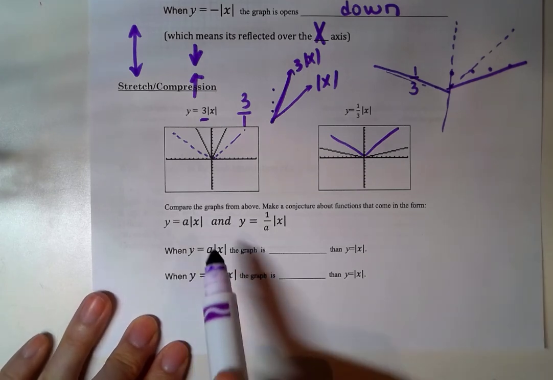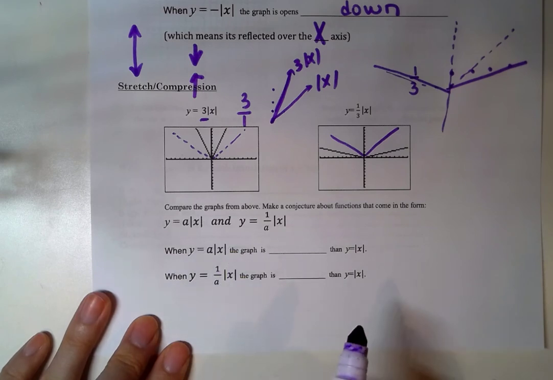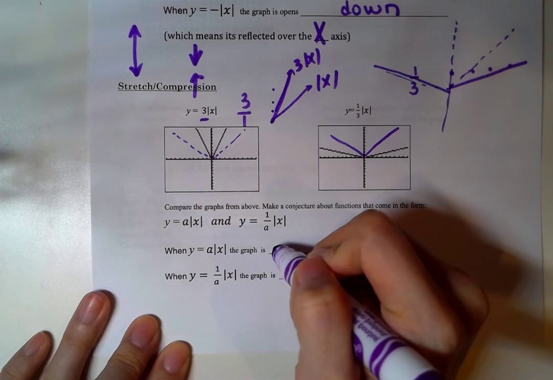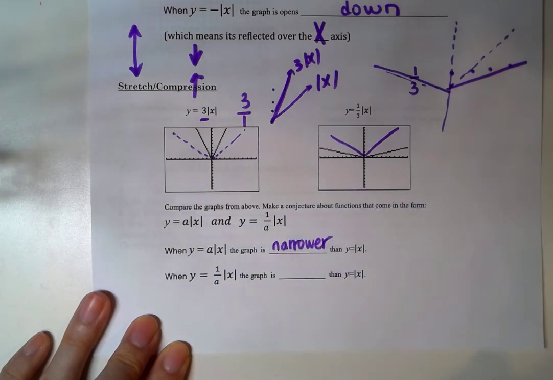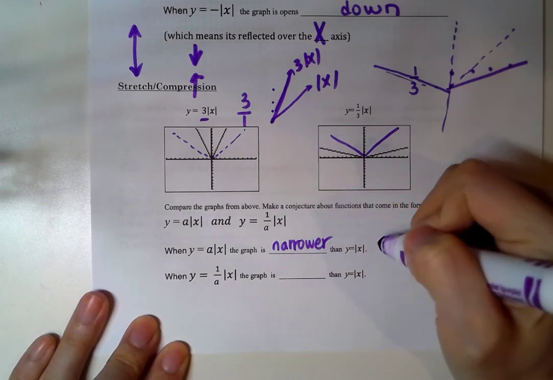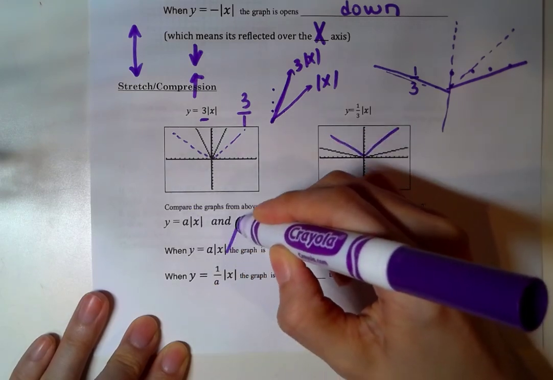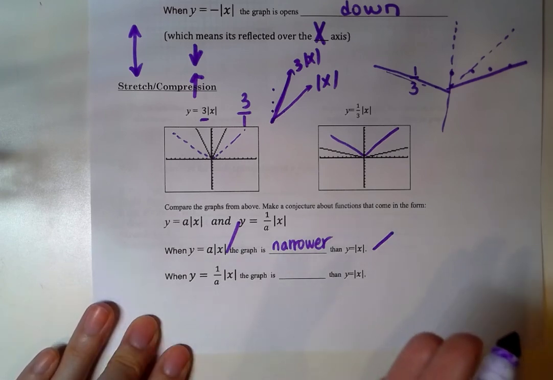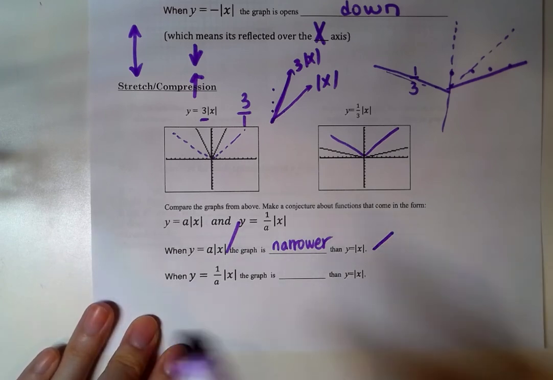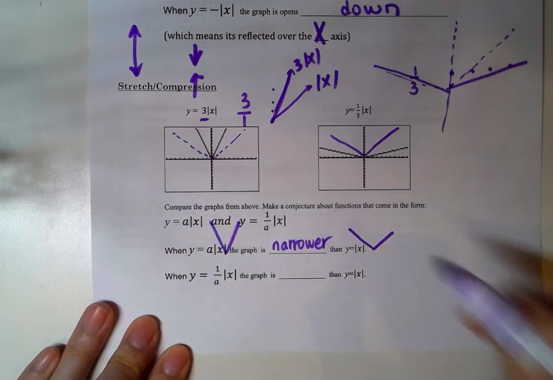Alright? So look, when y equals a absolute value of x, the graph is narrower than y equals absolute value of x because of the slope. This one has slope 1, this one has slope bigger than 1, so it gets steeper, right? And you have a graph on each side, right side and left side, so it gets steeper like that, right?